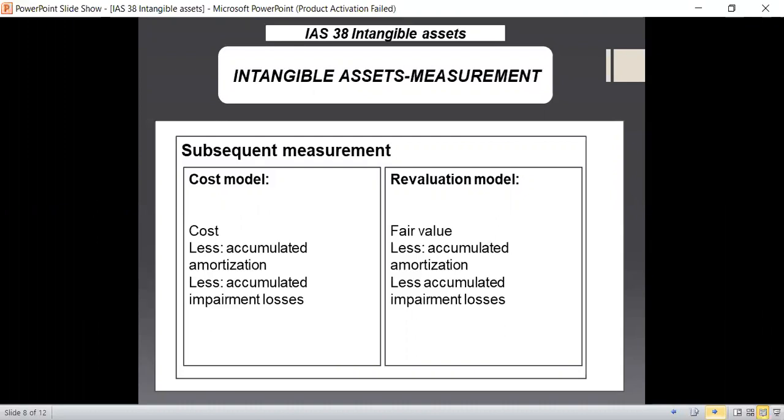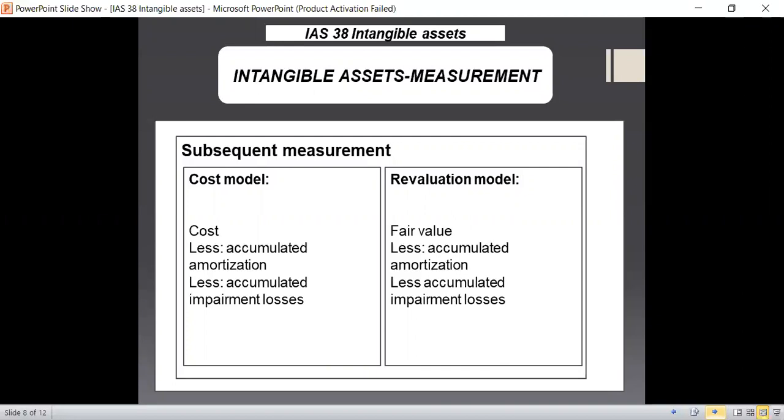Under cost model, an intangible asset should be carried at its cost less any accumulated amortization and any accumulated impairment losses. If you do remember our discussion regarding IAS 16, in that one we considered cost model, and I told you that under cost model we have to deduct accumulated depreciation from the cost.